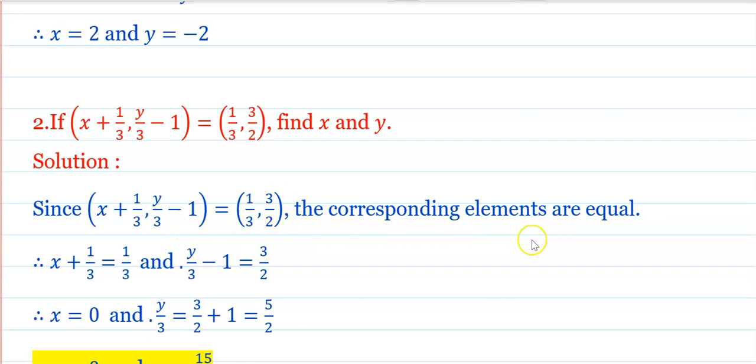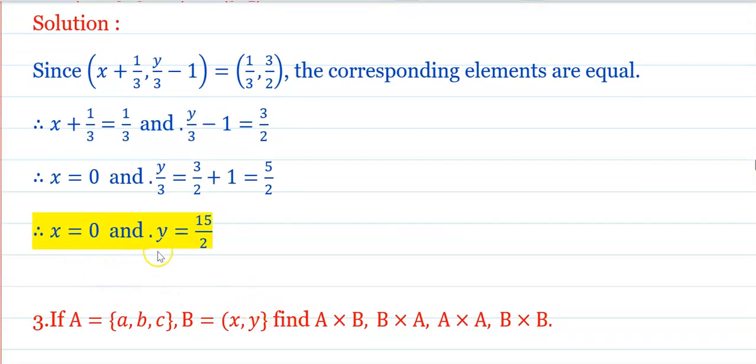The corresponding elements are equal, and therefore x plus 1 by 3 is equal to 1 by 3, and y by 3 minus 1 is equal to 3 by 2. 1 by 3 on both sides gets cancelled. You will get x is equal to 0. Y by 3 is equal to 3 by 2 plus 1. 3 by 2 plus 1 means what? It is 5 by 2, and hence the value of x is 0, and y is equal to 5 by 2.